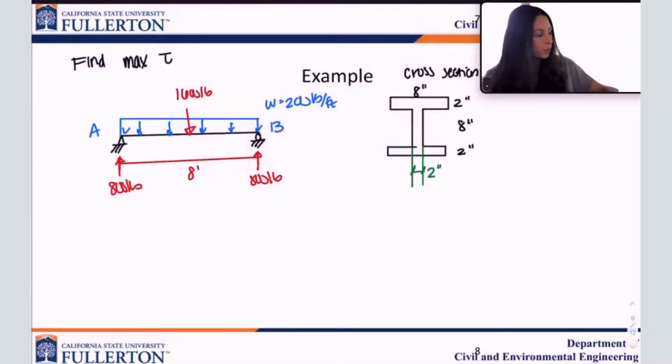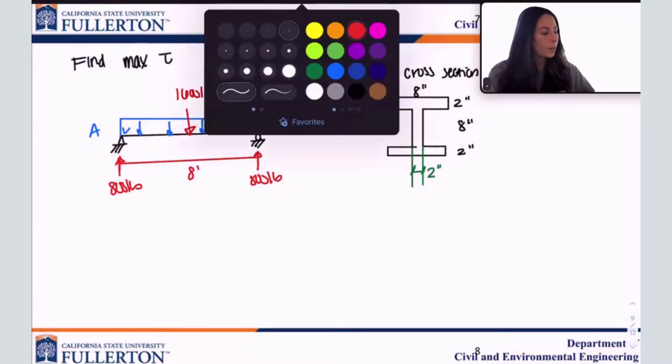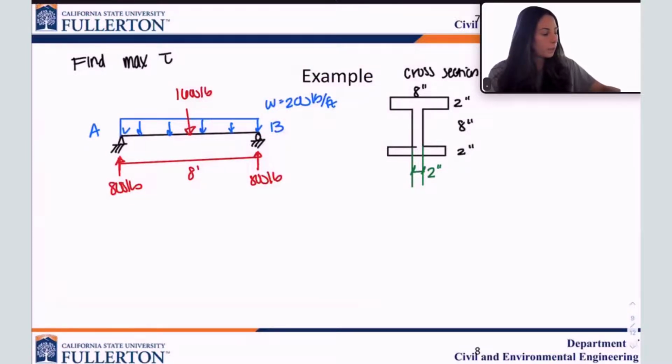Okay. Now, the first thing I'm going to write out is the formula that we're using here. So we're using tau equals VQ over IB. Okay. Now, let's go through what we need to figure out. We need to figure out V, Q, I, and B. Moment of inertia, you should know how to do already, and we're going to go through that formula.